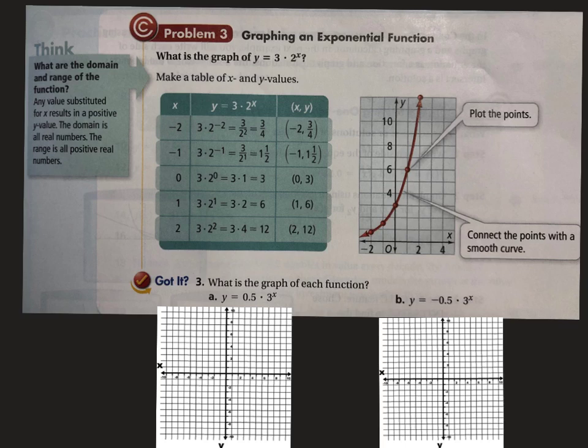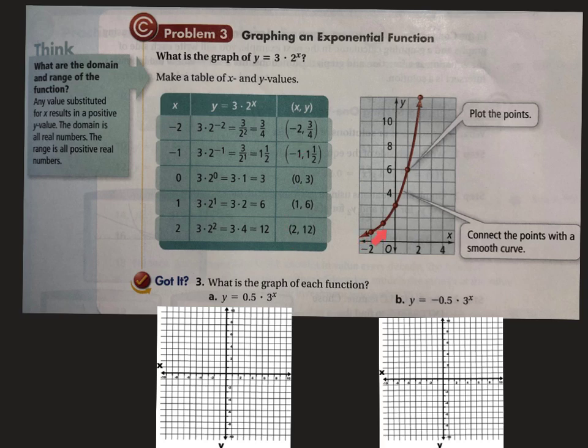So here they're just asking you to graph. So they give you a function of y equals 3 times 2 to the x, and they give you a set of x values, very typical, -2, -1, 0, 1, 2. And then they put them in the function to give you an output or a set of points.